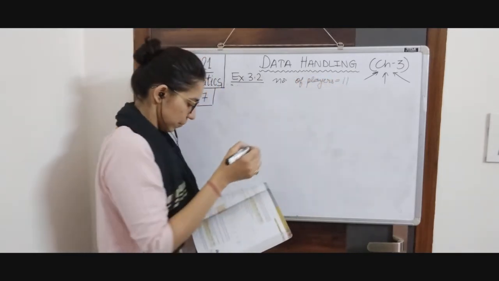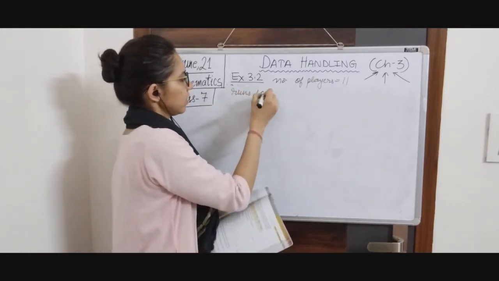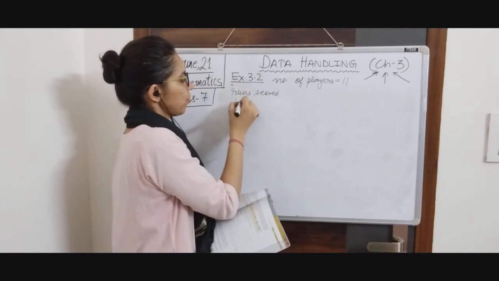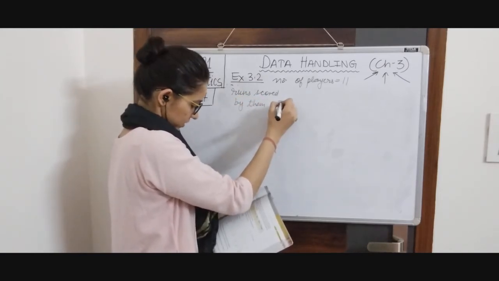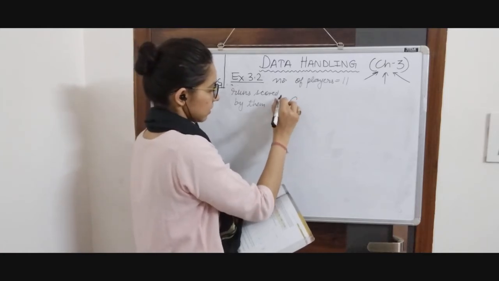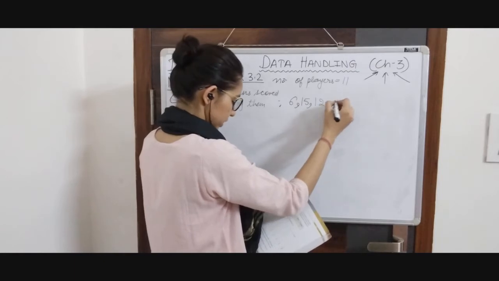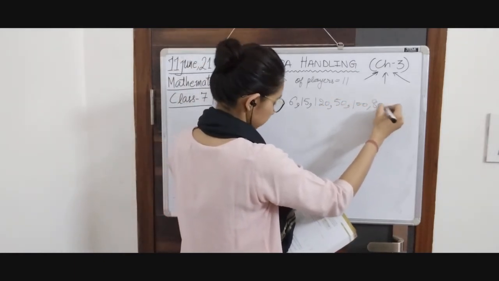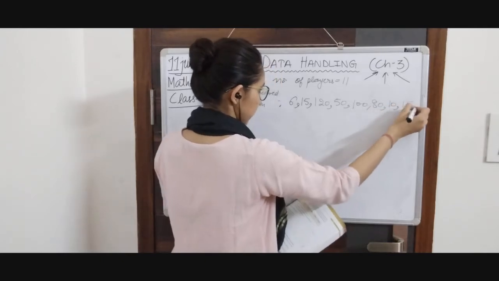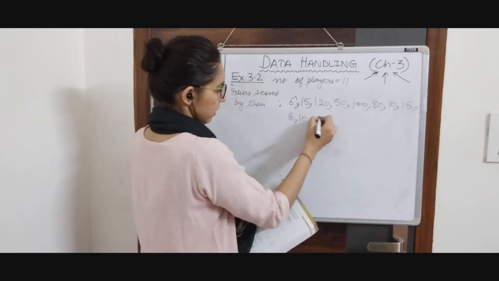Then runs scored by them are 6, 15, 120, 50, 100, 80, 10, 15, 8, 10 and 15.